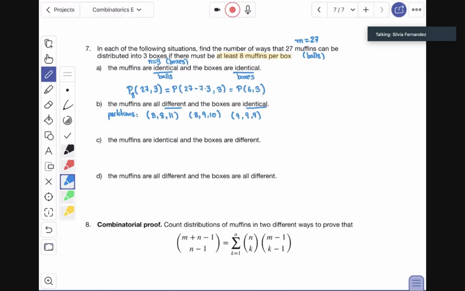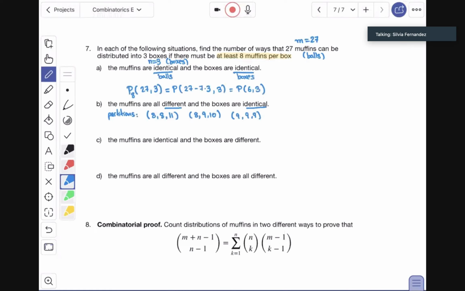And I'm going to use those partitions in several parts. Because this is different balls into identical boxes, it's the equivalent to the S numbers, the Stirling numbers.